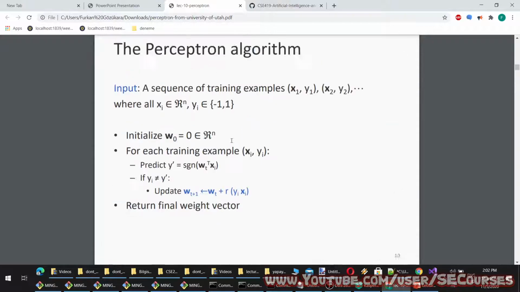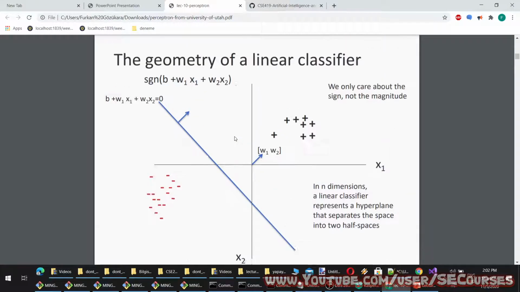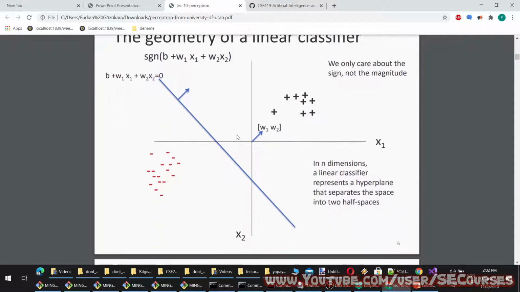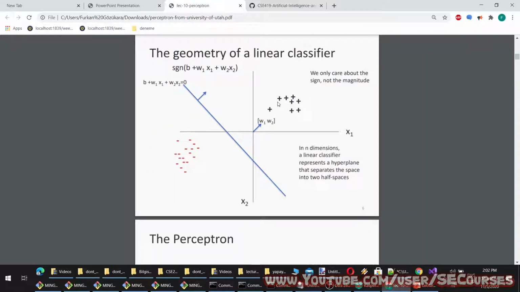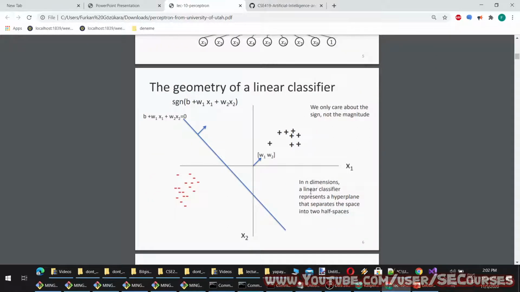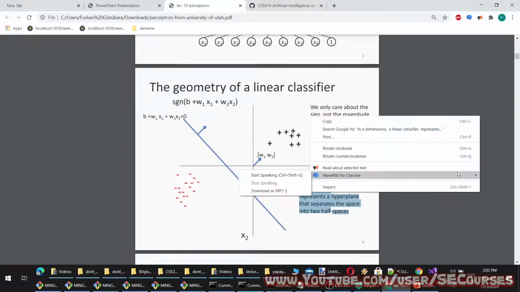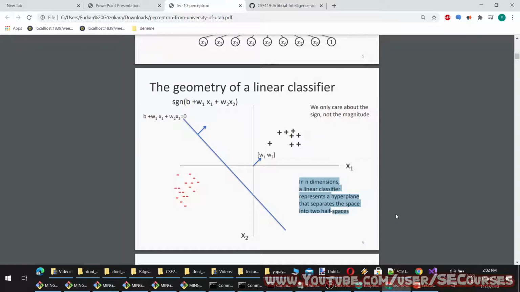If there are more than 2 dimensions, we call the linear classifier that separates the data space into halves a hyperplane. Okay, so let's read this. In n dimensions, a linear classifier represents a hyperplane that separates the space into 2 half spaces.